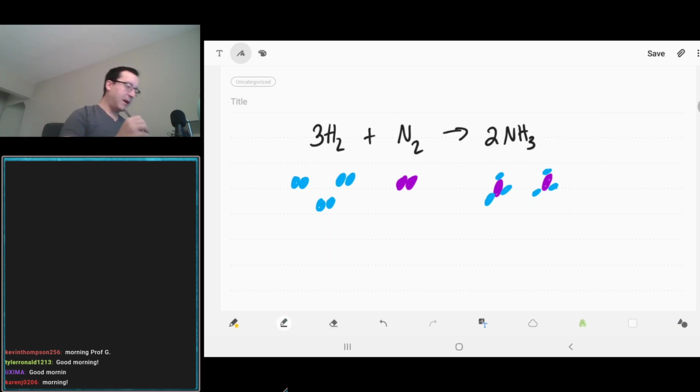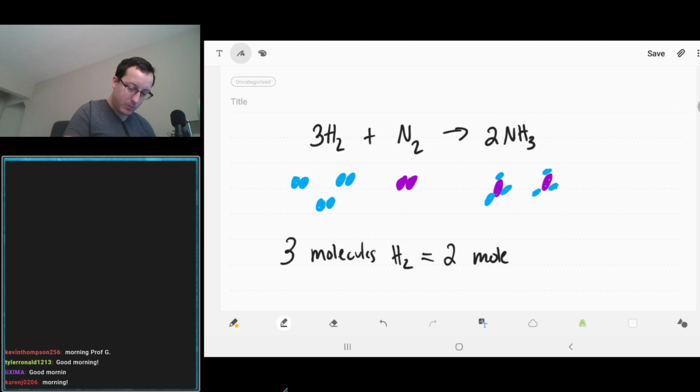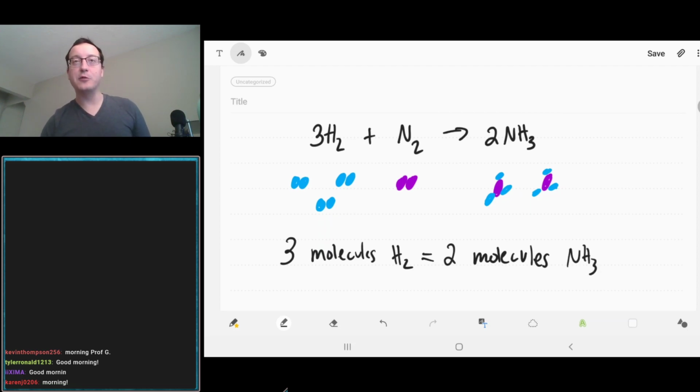And so we're going to be able to get a bunch of information out of here. We're going to be able to see that 3 molecules of hydrogen will give us 2 molecules of ammonia, right? We have to put in 3 molecules of hydrogen, and we will get out 2 molecules of ammonia.